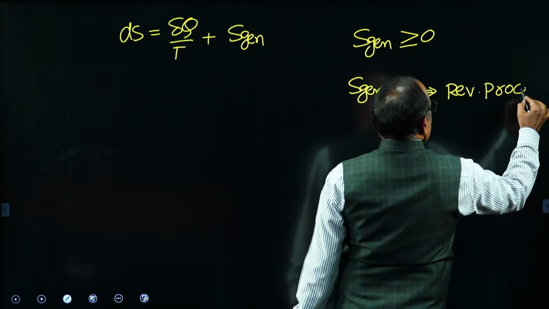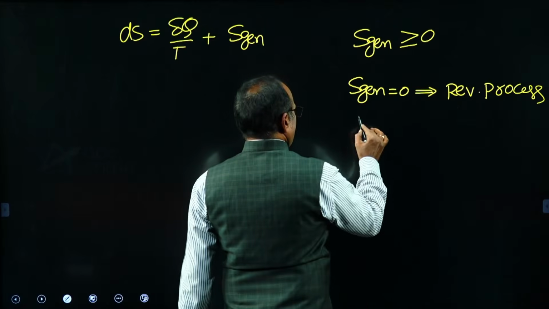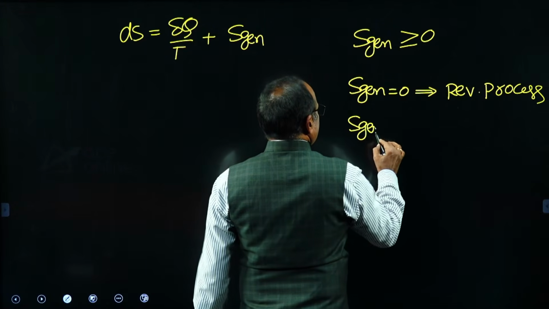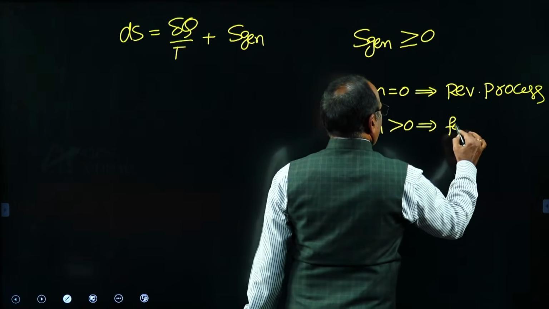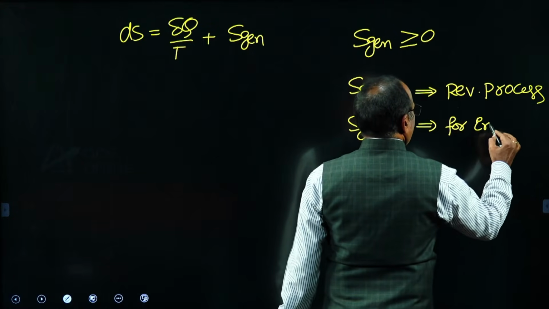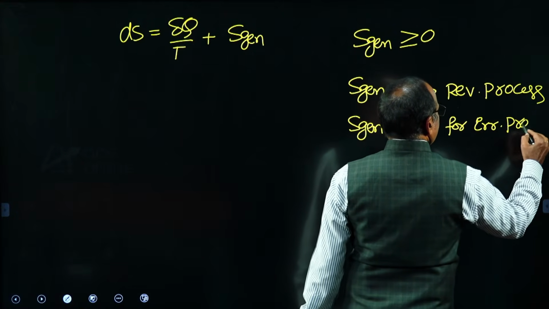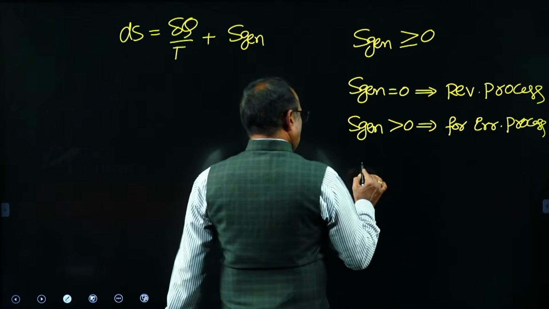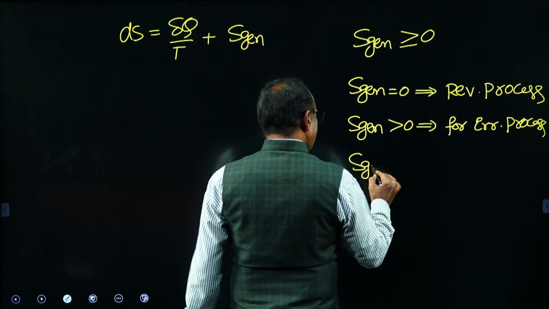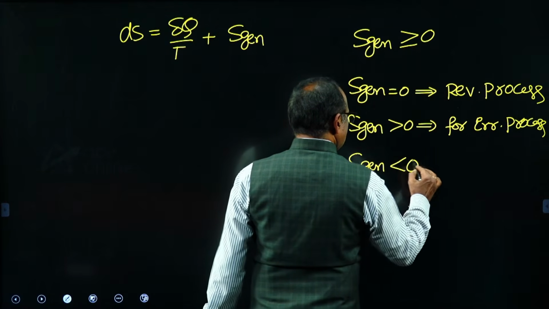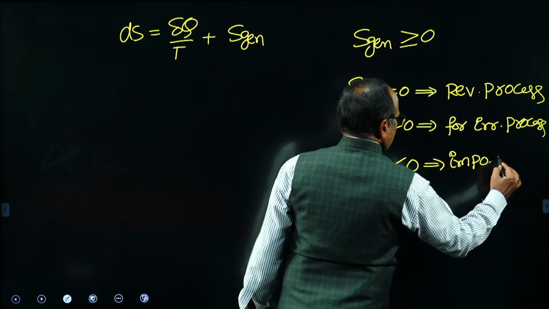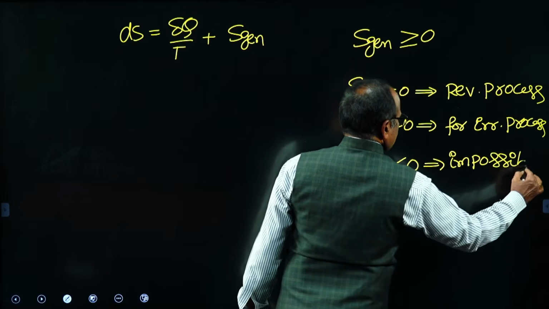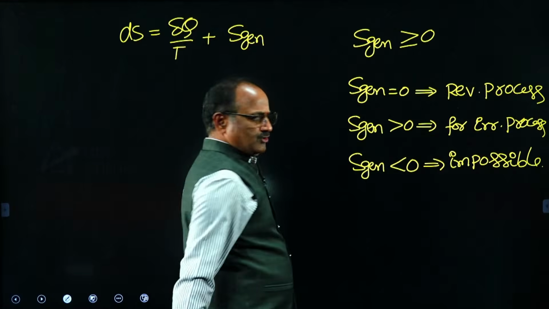S generation greater than 0 for any irreversible process. Remember, entropy generation less than 0 is impossible.